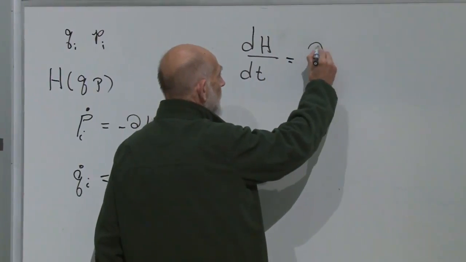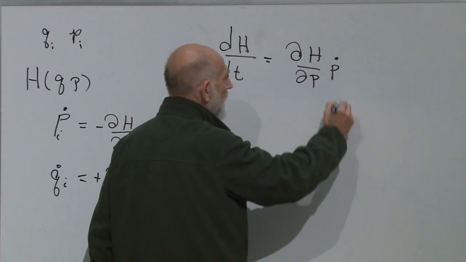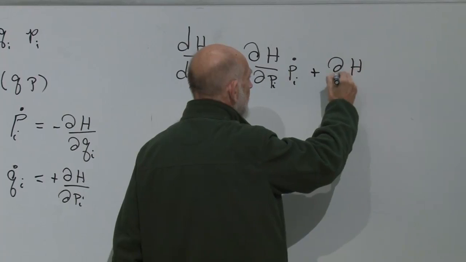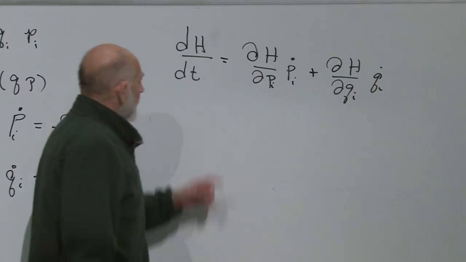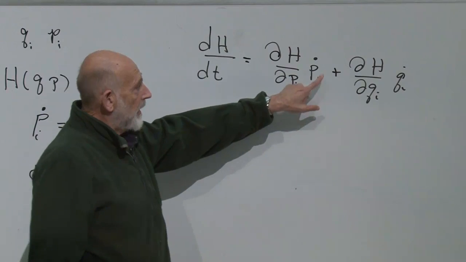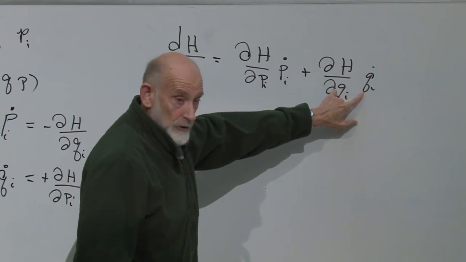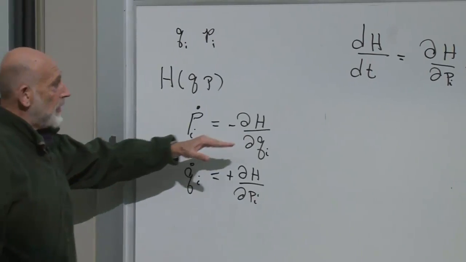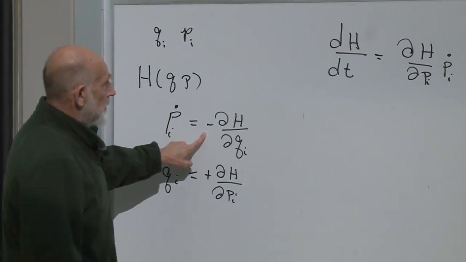And so that's equal to the derivative of H with respect to P sub I times the time derivative of P, plus the derivative of H with respect to Q sub I times Q sub I dot. H changes with time because H changes with P, and P changes with time, and at the same time, H changes with respect to Q, and Q changes with time. That's what this means. All right, now let's just plug in Hamilton's equations for the P dot and the Q dot here.